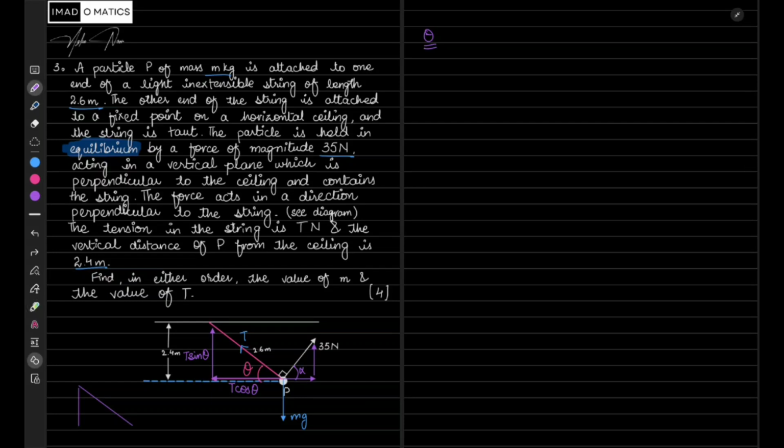So I am going to use this triangle to find theta. We are dealing with opposite over hypotenuse, so we'll be dealing with sine theta. So sine theta will be equal to 2.4 over 2.6.